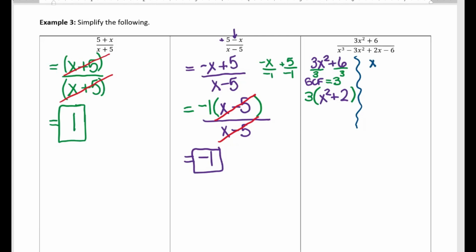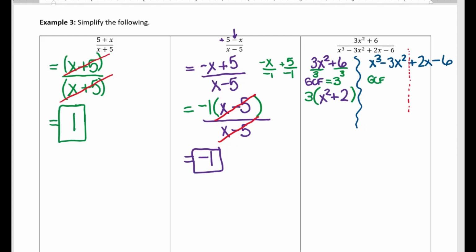I have x cubed minus 3x squared plus 2x minus 6. We have 4 terms, and whenever you have 4 terms, remember that means that you need to try factor by grouping. So I'm going to break it up into the left side, right side. Left side, I have x cubed minus 3x squared.